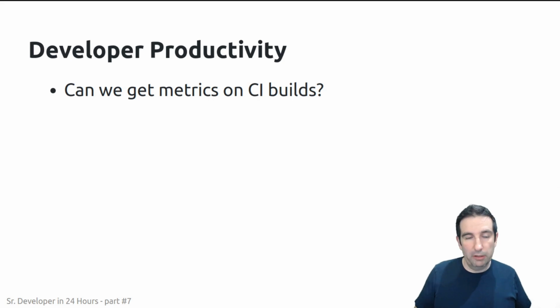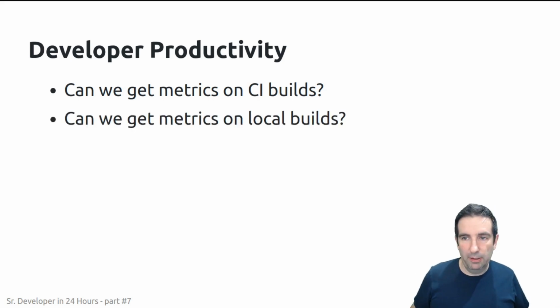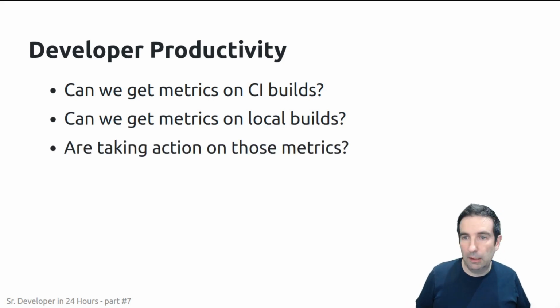So the only way for us to really understand that is to get some metrics. Get metrics from the continuous integration builds. Get metrics from local builds. And if we get metrics that are showing a decrease in the speed in which we're doing any particular task, are we taking action on those metrics?